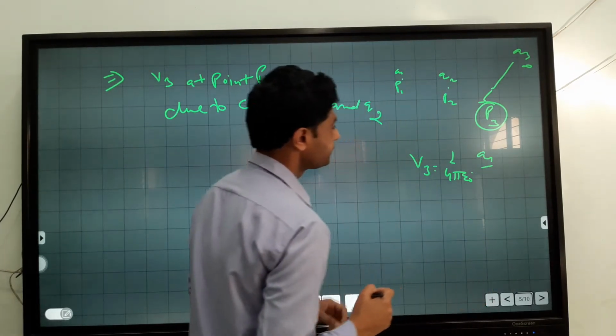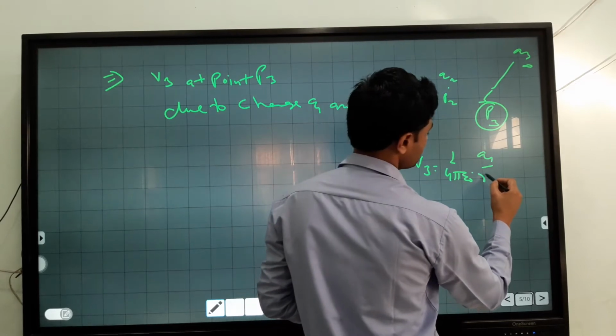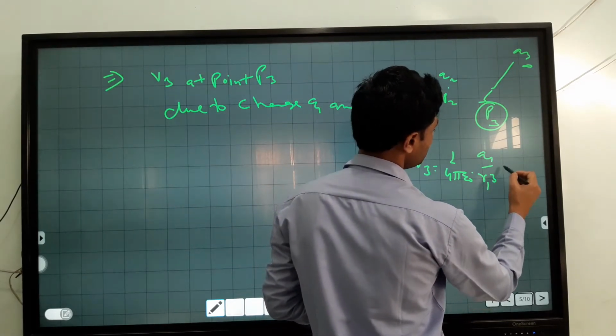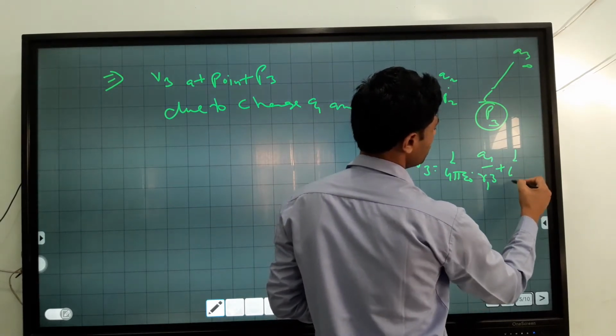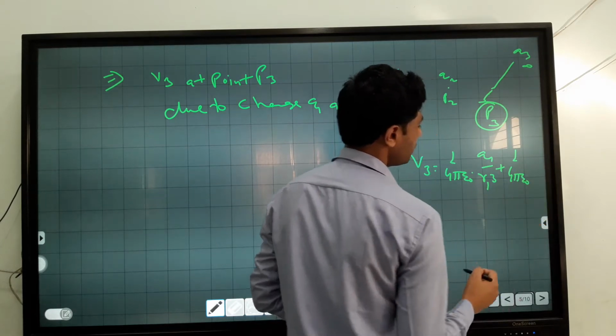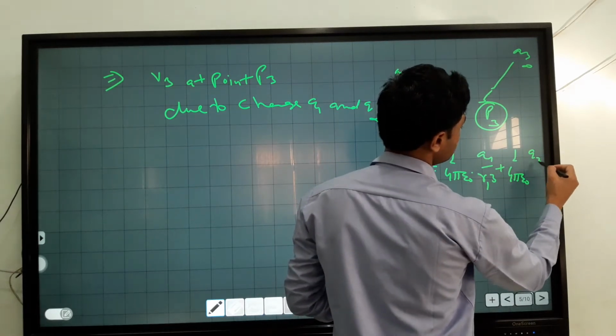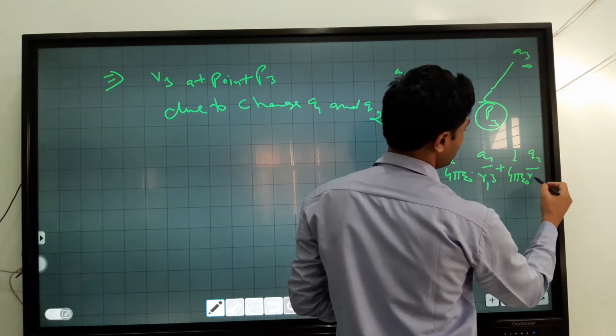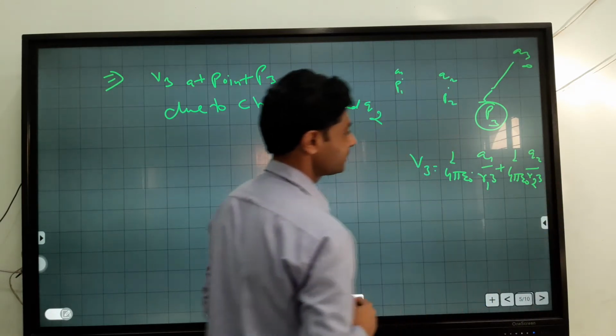The value of V3 equals 1/4 pi epsilon naught Q1 upon R13 plus 1/4 pi epsilon naught Q2 upon R23.